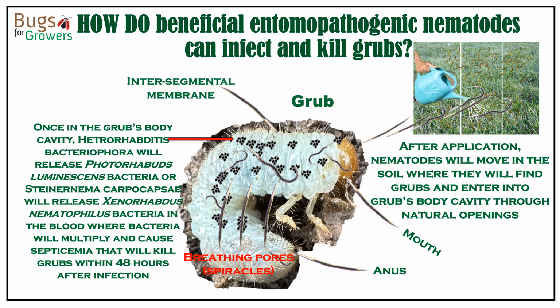Once in the grub's body cavity, Heterorhabditis bacteriophora nematodes will release Photorhabdus luminescens bacteria, or Steinernema carpocapsae nematodes will release Xenorhabdus nematophila bacteria, in the blood, where the bacteria will multiply and cause septicemia that will kill grubs within 48 hours after infection.